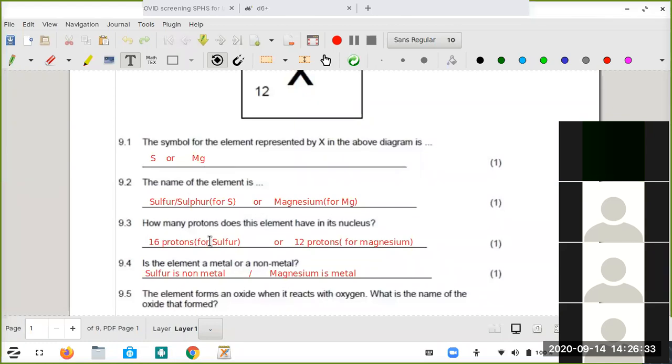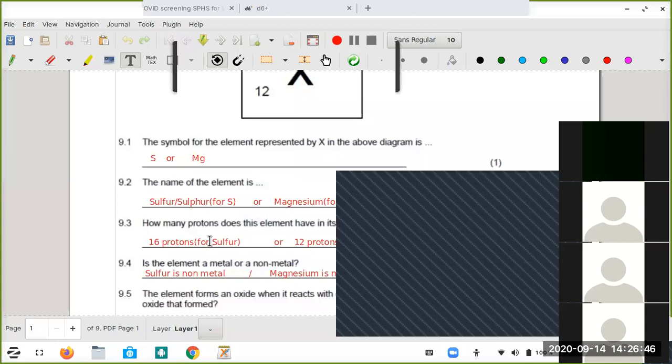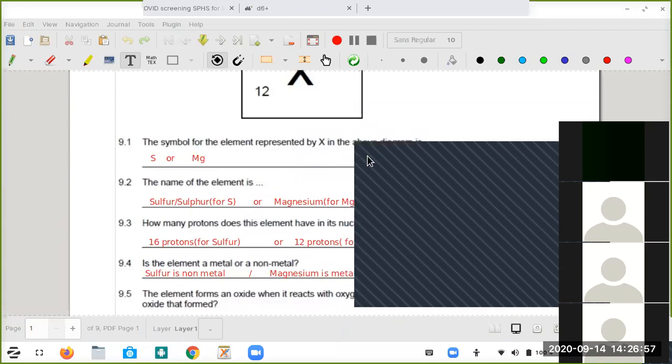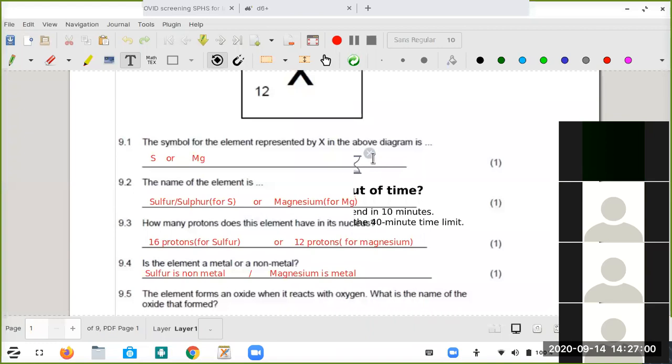9.3. How many protons does the element have in its nucleus? Now, boys and girls, remember that the number of protons is exactly the same as the number of electrons in an atom. So you must note that the number of protons is the same as the number of electrons. So if you say your element is sulfur, then your number of protons will be 16.